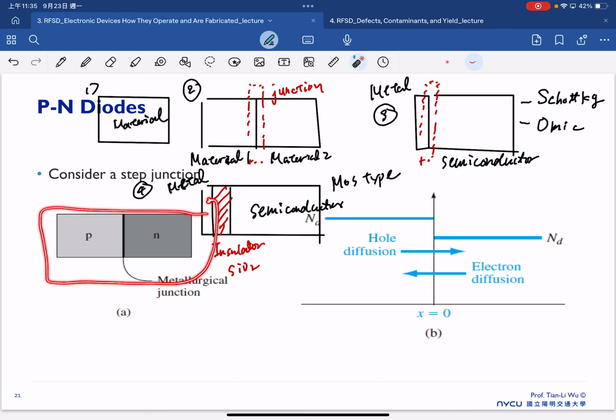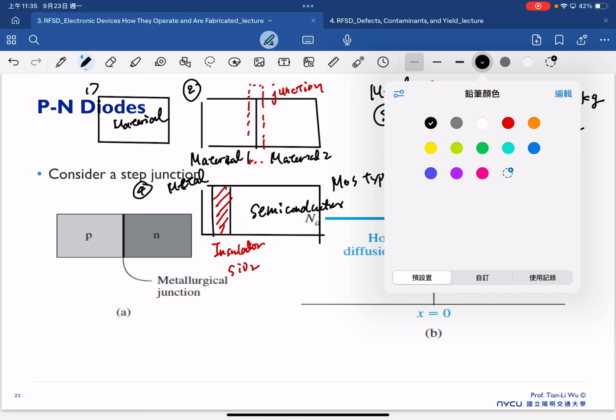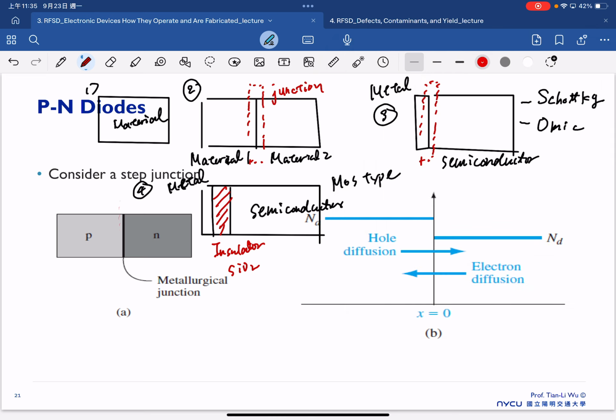But the key influence that determines the PN diode characteristic is the junction in between. So understanding the junction is always the key to understanding the whole device behavior.